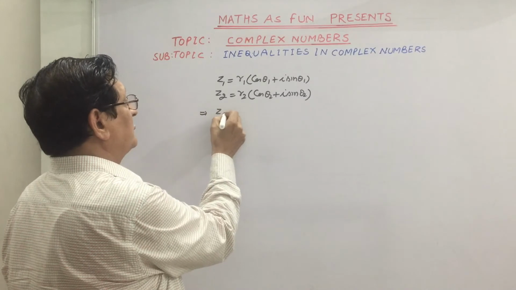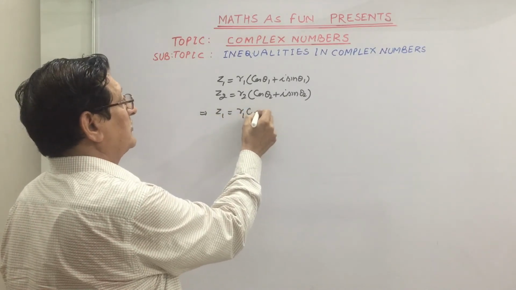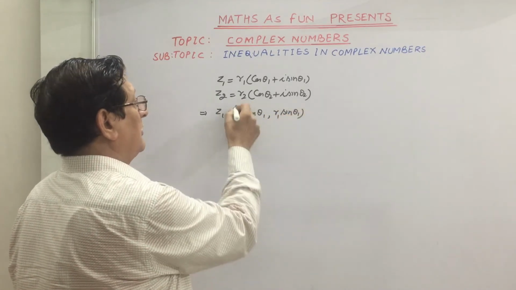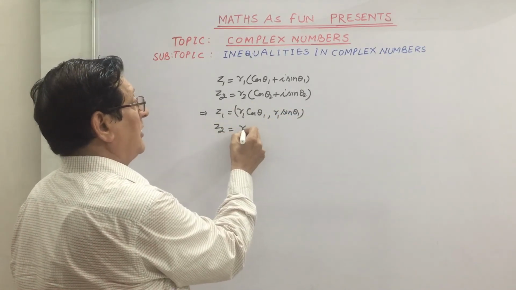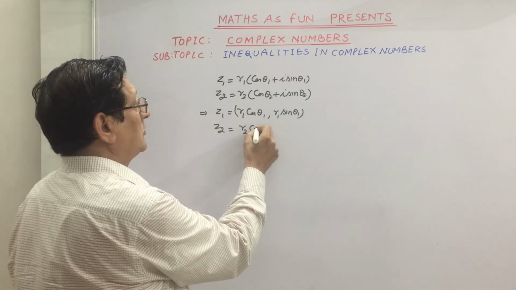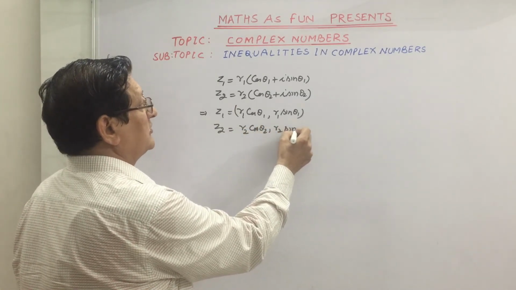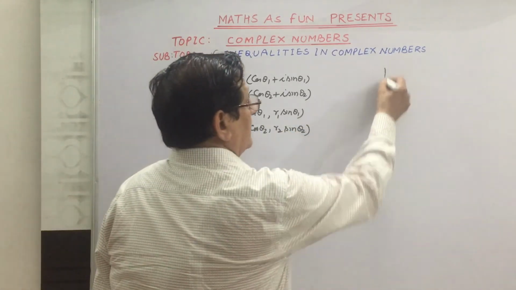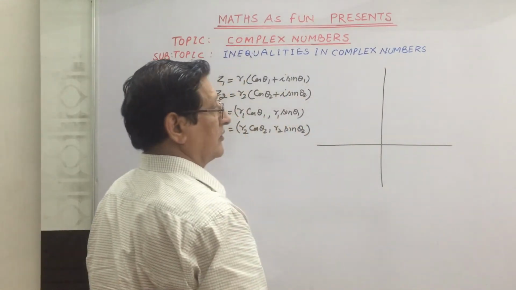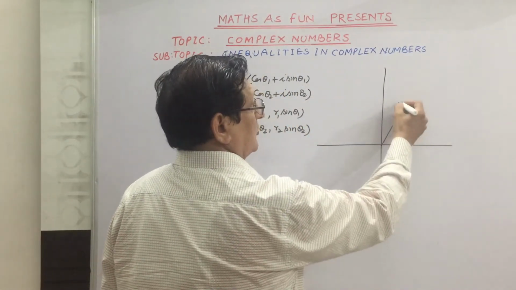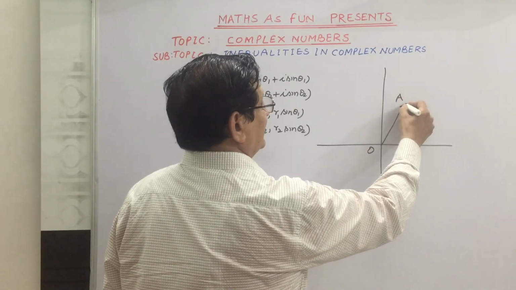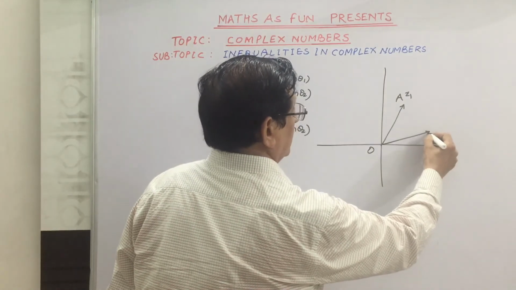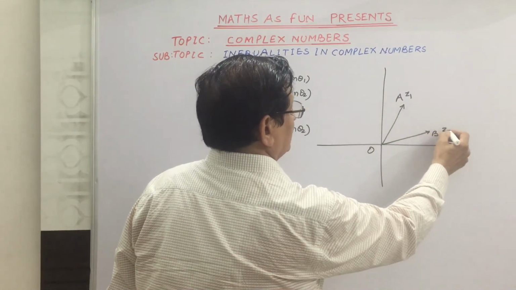Then you know that z1 can also be written as r1 cos theta1 comma r1 sin theta1, and z2 can be written as r2 cos theta2 comma r2 sin theta2, in ordered pair form. Suppose we draw them in the Argand plane and we find that this is OA representing Z1 and this is OB representing Z2.